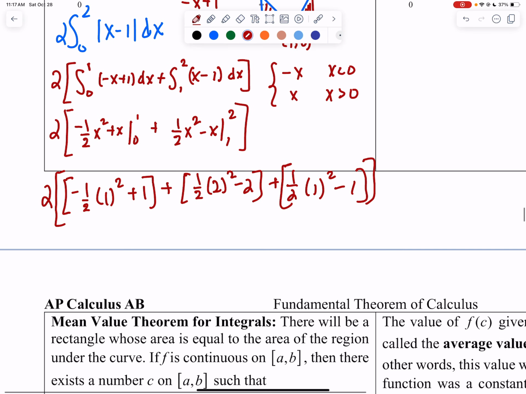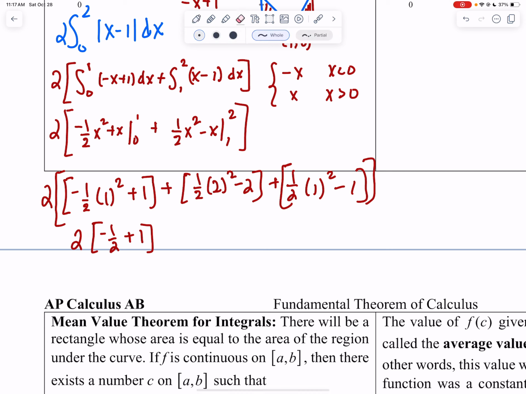Then we are going to simplify all of this. So we have 2. Negative 1/2 times 1 squared is just negative 1/2 plus 1. And that's going to be 1/2.